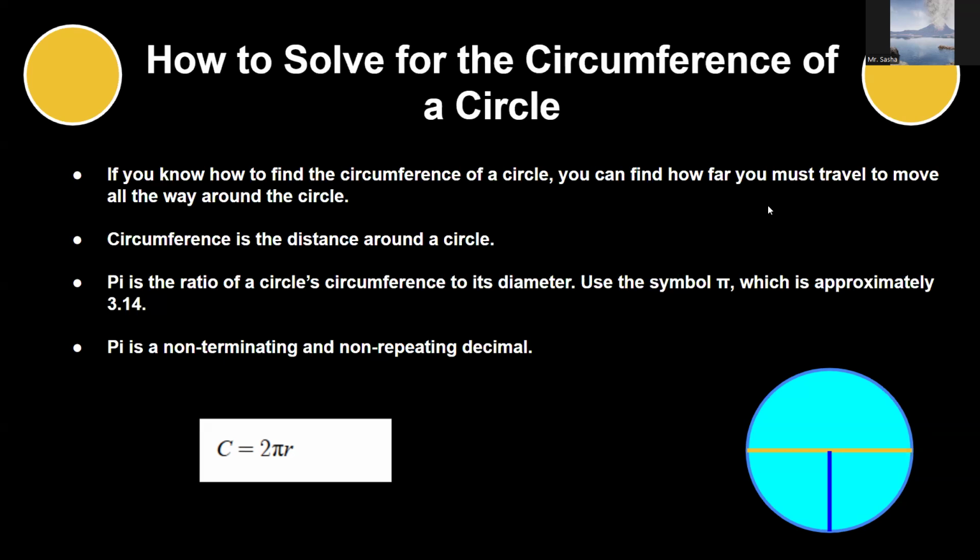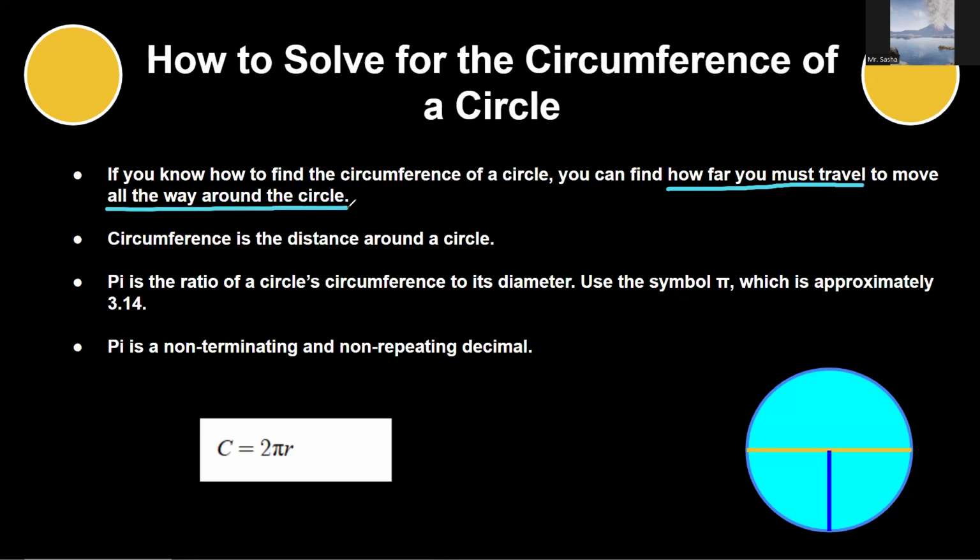If you know how to find the circumference of a circle, you can find how far you must travel to move all the way around the circle, making a 360.